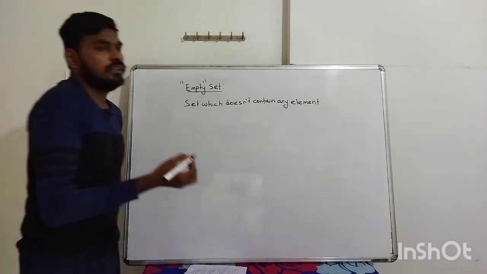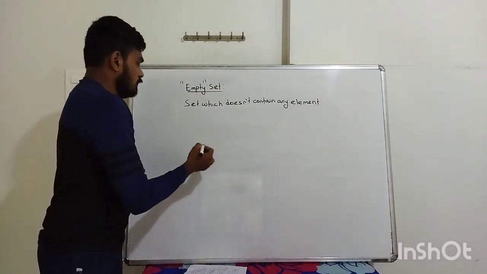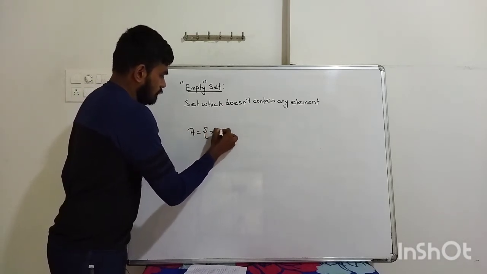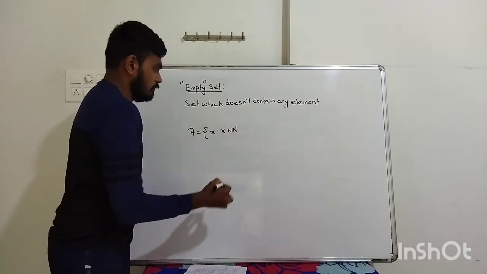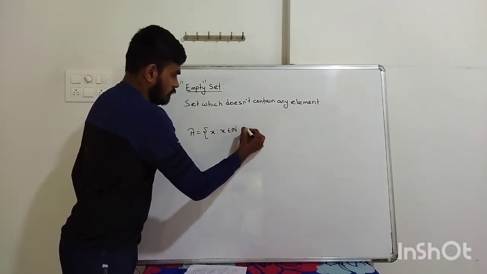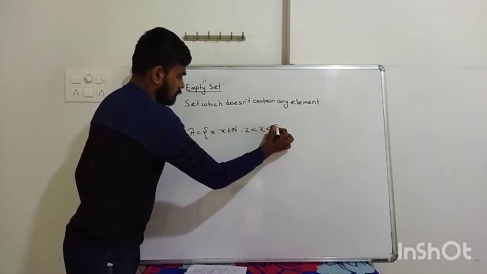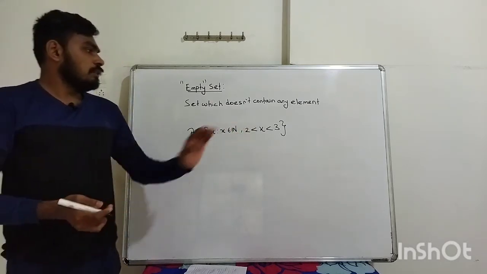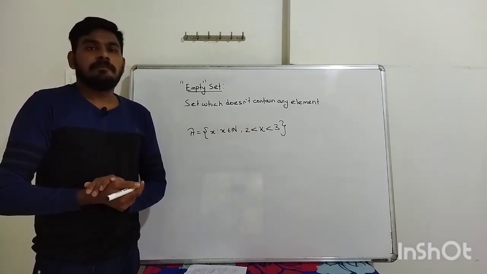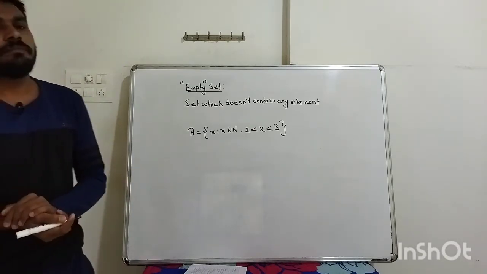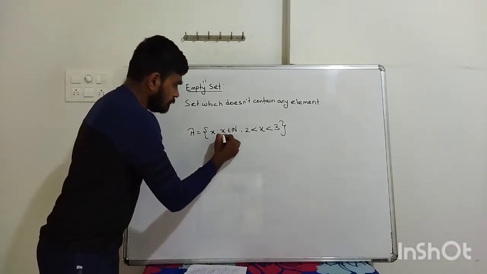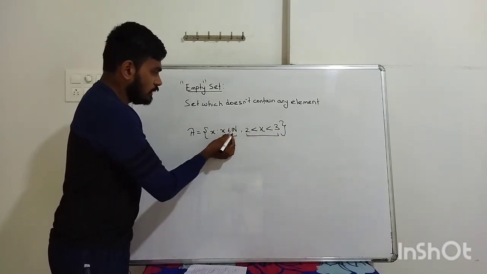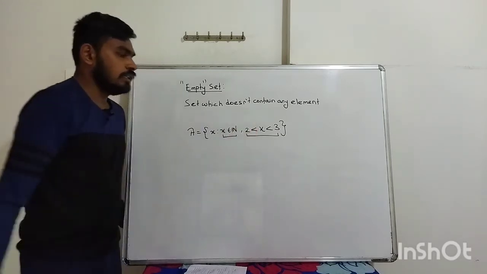For example, I'll just write an example. Now this set is in set builder form, and we'll convert it into roster form. See here, we have been given x such that x is a natural number and x is between 2 and 3.